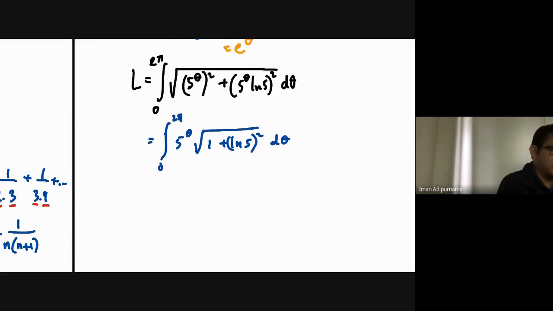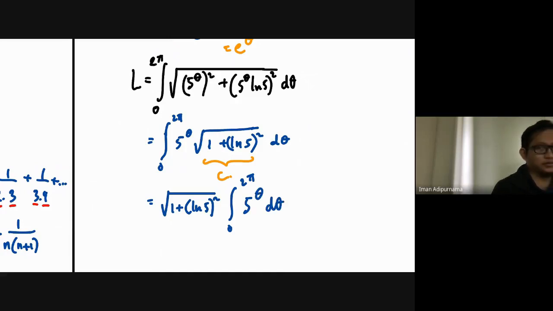And now, because this is a constant, I also can move that outside of our integration, and then the integration from 0 to 2 pi of 5 to the power of theta d theta.